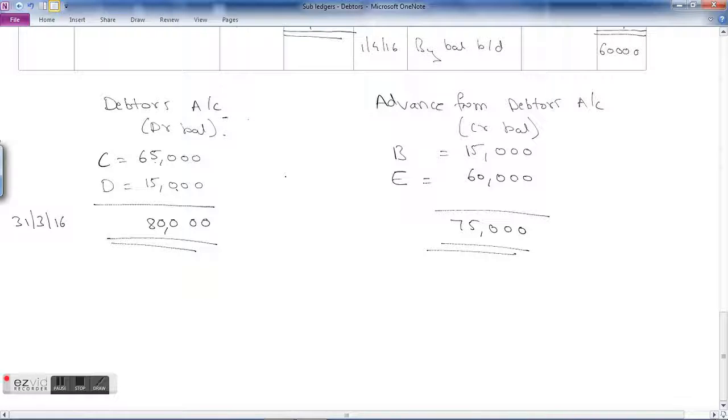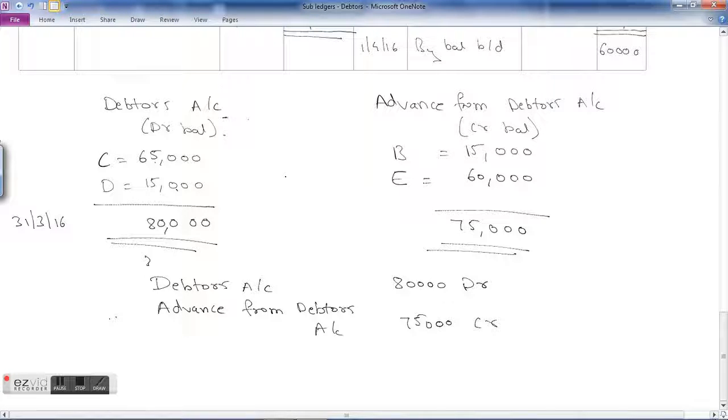So when we are preparing a trial balance as on 31st March 2016, the trial balance will appear somewhat like this: 80,000 debit debtors account and advance from debtors account is 75,000 credit. Okay, so this will be reflected in your trial balance as on 31st March 2016.